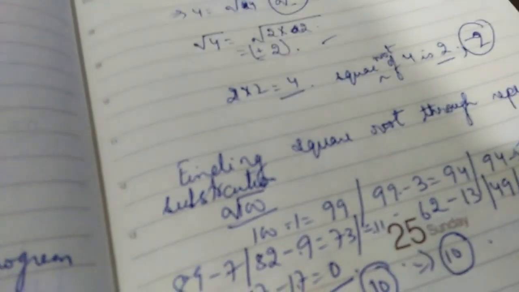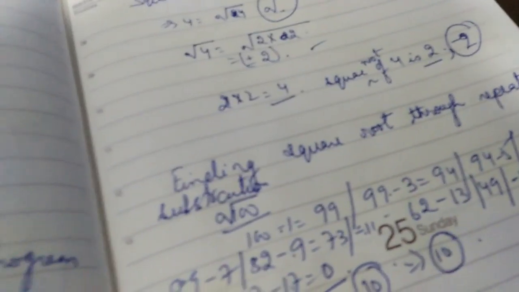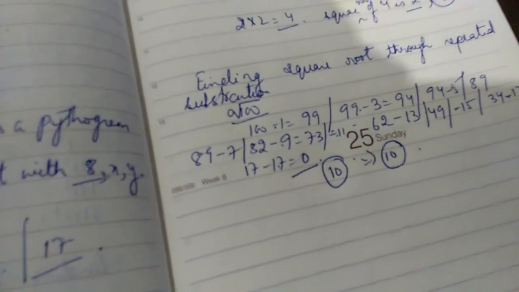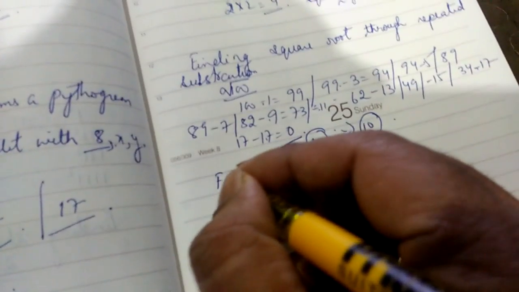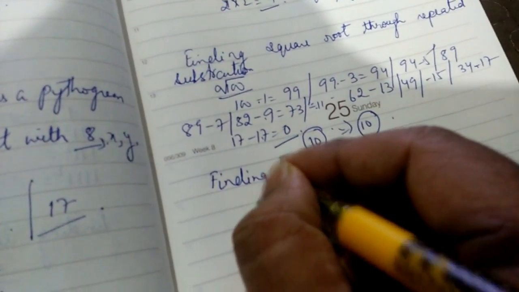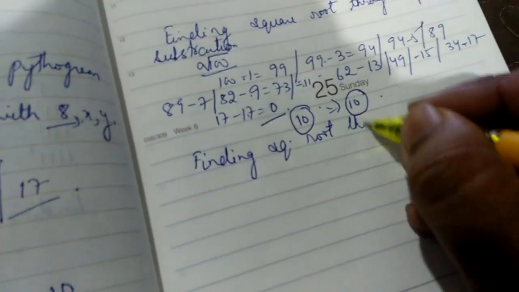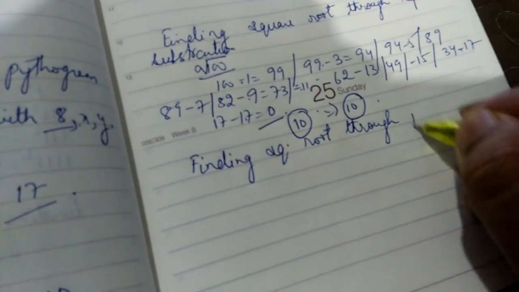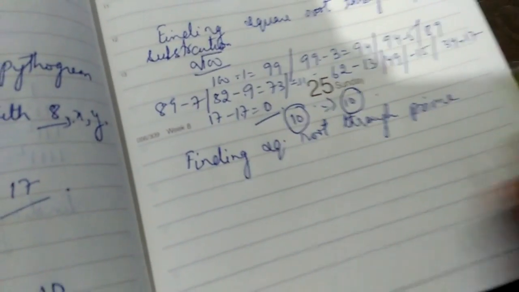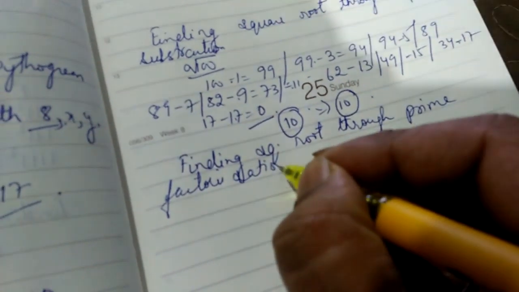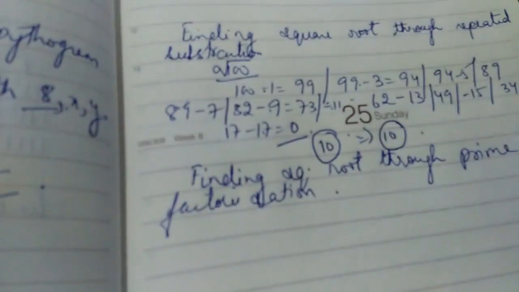Now there is another method of finding square root through prime factorization. I said we are going to discuss the factorization method in detail.